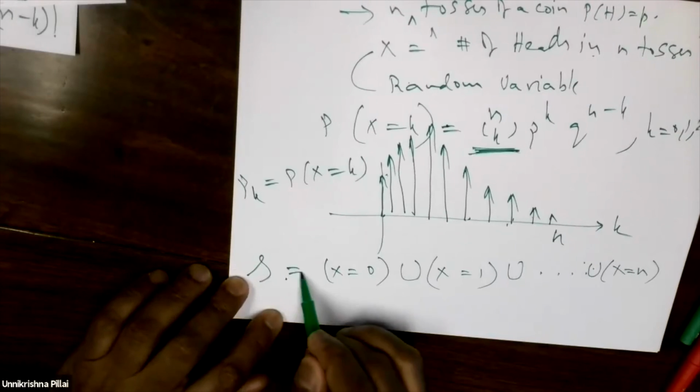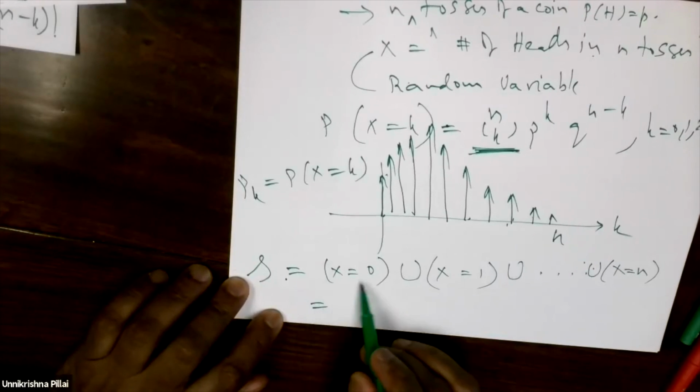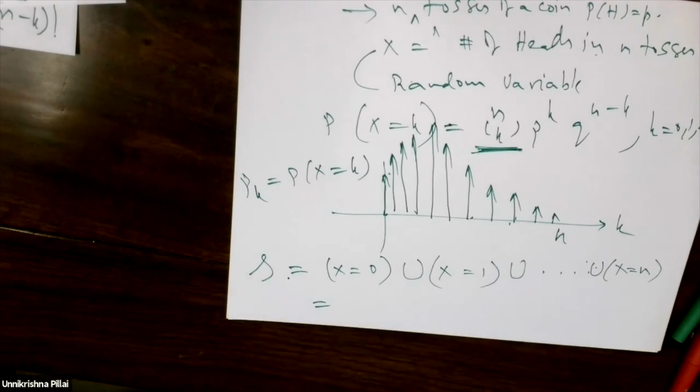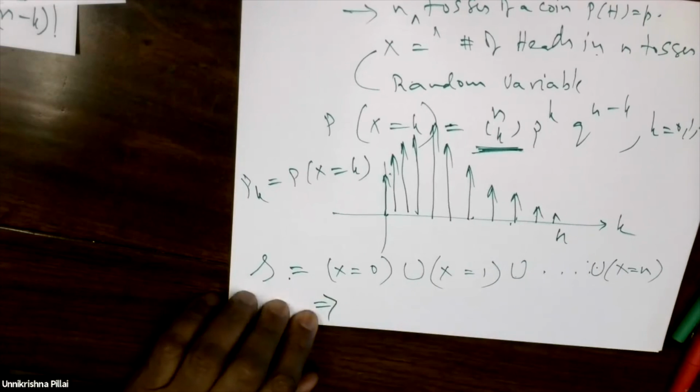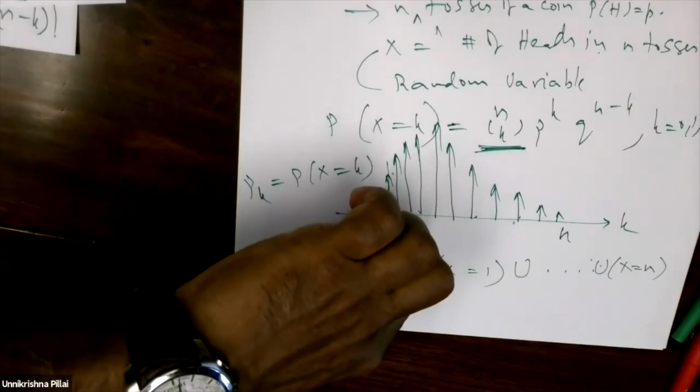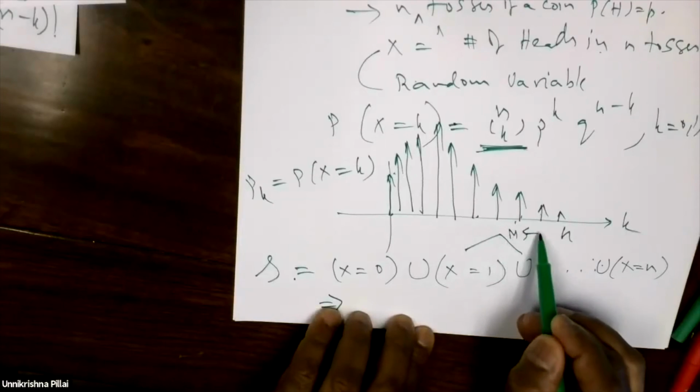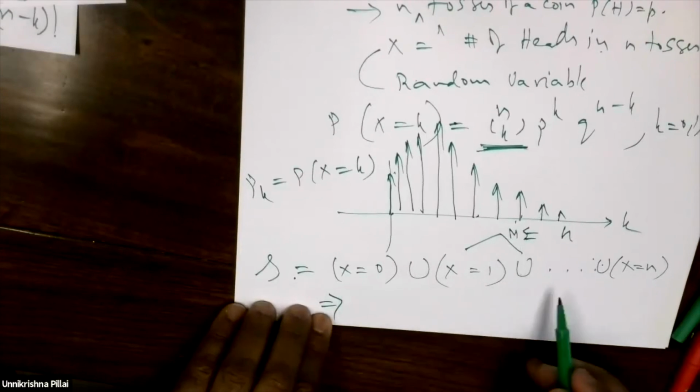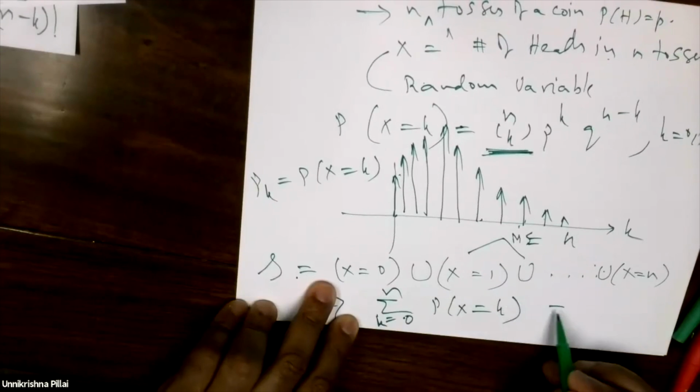So if you take probabilities on both sides, what is the probability on the right side? When this happens, can that happen? No, they're all mutually exclusive. So the probability of their union is the sum of each one's probability. It will be 1 because it is the whole set. Exactly right. So you get this to be 1.